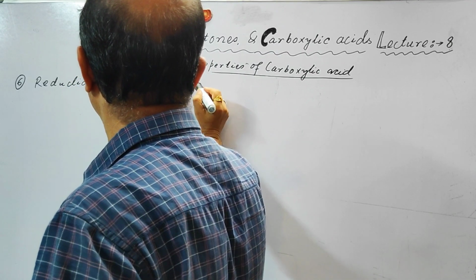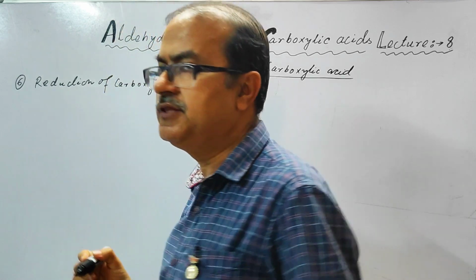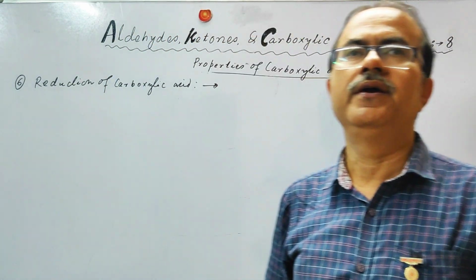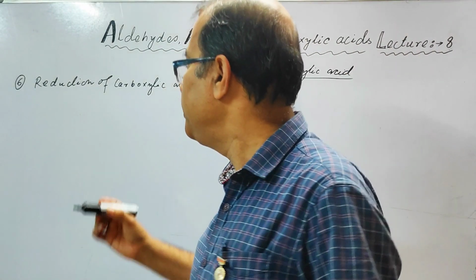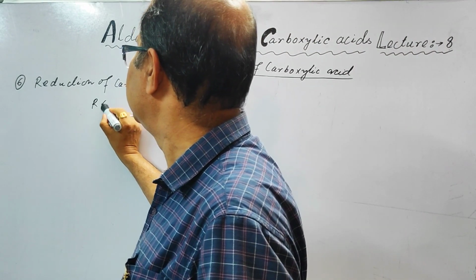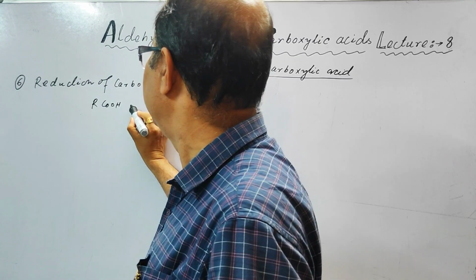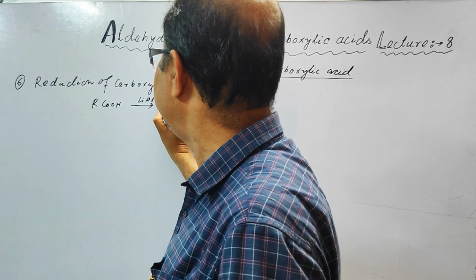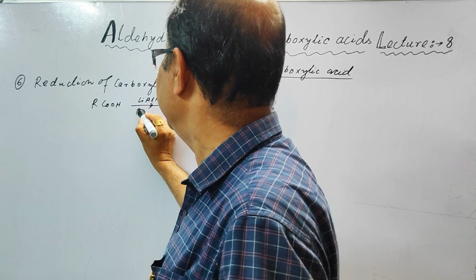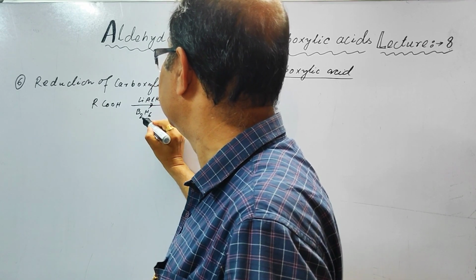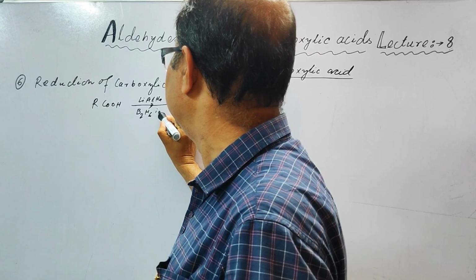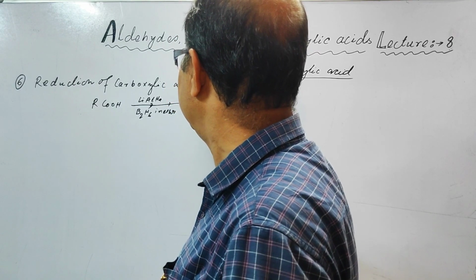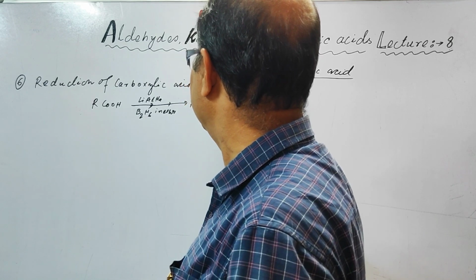When you reduce the carboxylic acid in the presence of lithium aluminum hydride or borane, diborane B2H6 in ether, it is going to produce the primary alcohol.